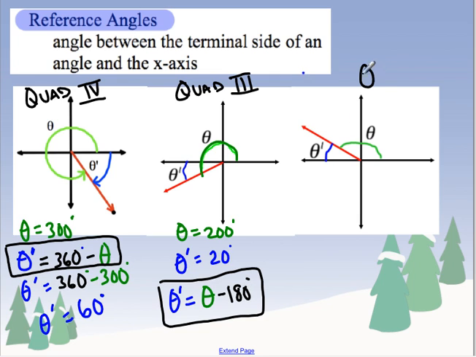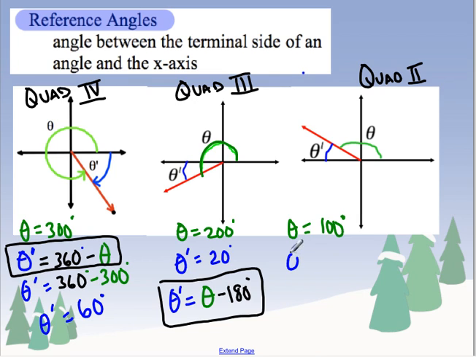If you're in quadrant 2, let's say our angle that we're given, let's pretend that it is 100 this time. Okay, so 100 gets you here, and then we want the quickest way to the x-axis, which would be the blue. Well, this whole thing is 180, so if we got 100 degrees so far, how many more degrees do we need to get to 180?